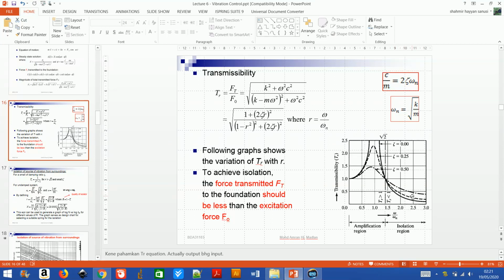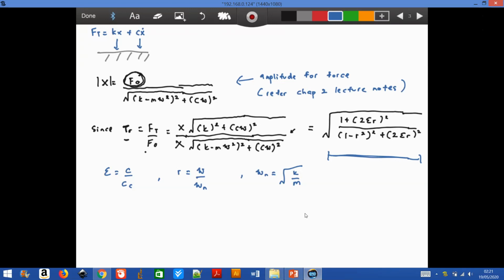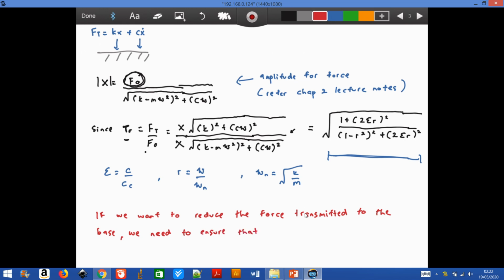Okay, so what we can summarize is that if we want to reduce the force transmitted to the base, therefore we need to ensure that the frequency ratio, or r, is over square root of 2.